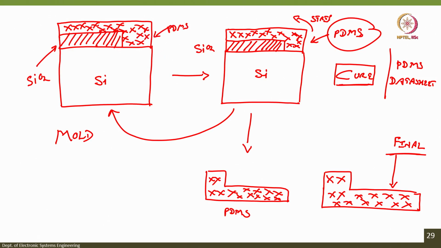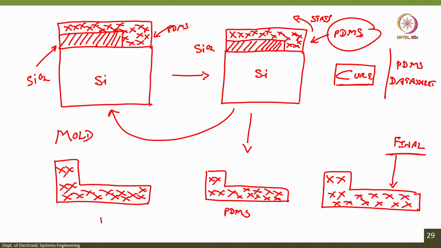After curing, I am stripping it off. So, if I strip it off, I will have my pattern once again. The one that I want, I am repeating it again and again and again, right. How? By stripping this PDMS off.